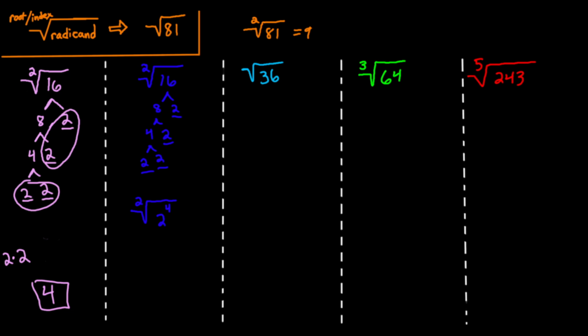Now, how do we evaluate this? So in order to do it correctly, you want to take this number here and you want to divide it by this number here, your root. So look at it this way. We're going to just go ahead and divide like that. 4 divided by 2, which you know is 2.